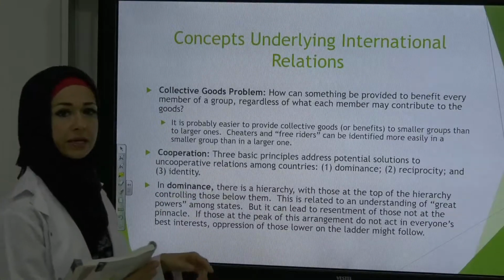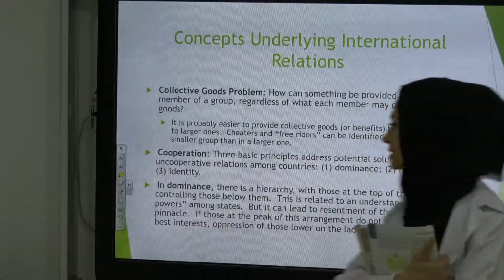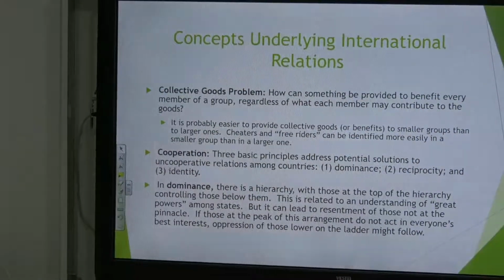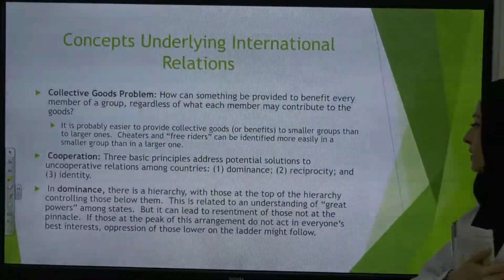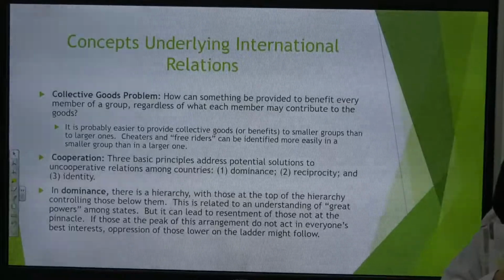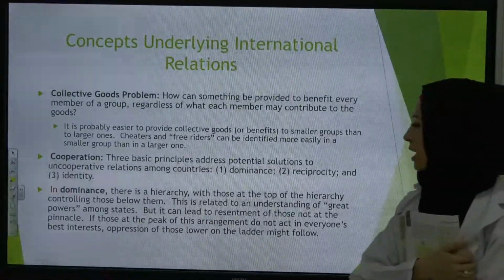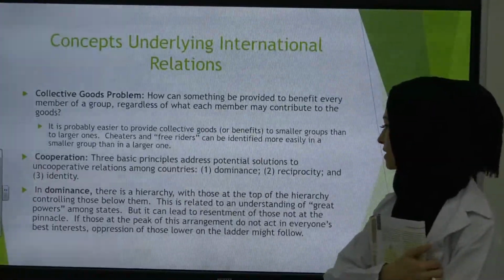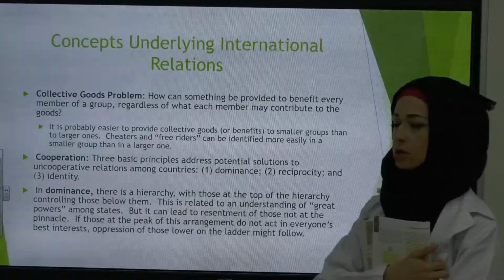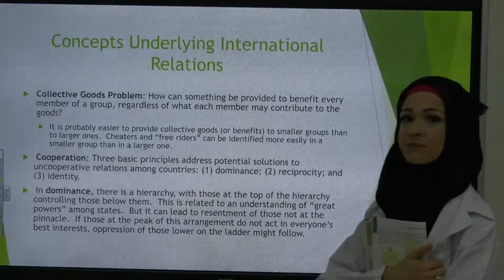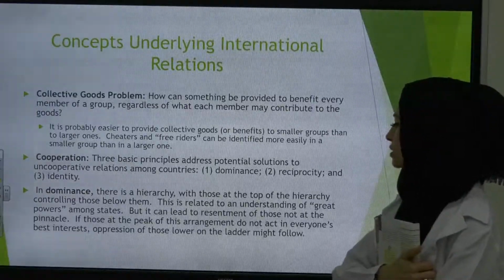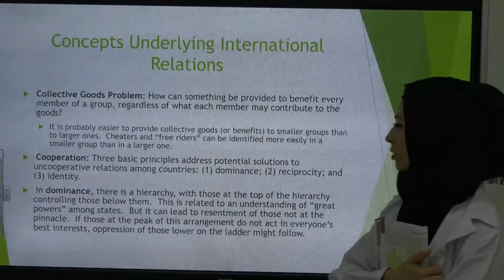Now, in dominance, there is a hierarchy with those at the top of the hierarchy controlling those below them. This is related to an understanding of great powers among states, but it can lead to resentment of those not at the pinnacle. So if those at the peak of this arrangement do not act in everyone's best interest, oppression of those lower on the ladder might follow.